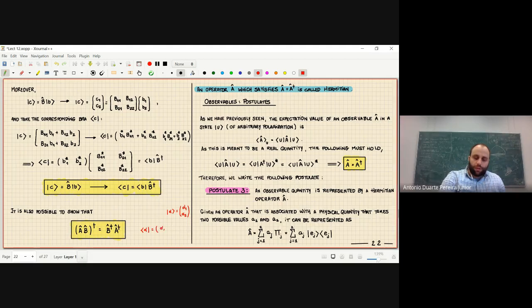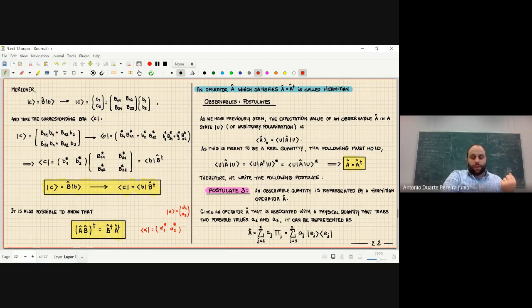So this will be a row vector now. And you take the complex conjugate of each entry. So this is how you obtain the bra from a cat. Here I have a cat, and I know the components of the cat. So I can just take the bra associated with this cat. The bra will be, again, I have to transpose this vector and take the complex conjugate.